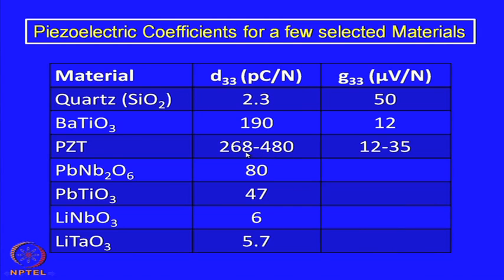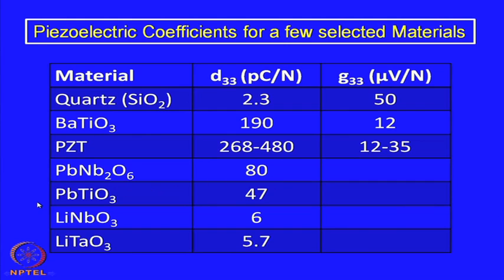So, it varies over a wide range, about 268 to 480, which is much larger than any of the other piezoelectric materials we consider here. In fact, these are the most important piezoelectric materials normally used in different devices, but so far as the D33 value is concerned, it is very high. Its G33 is also fairly large.